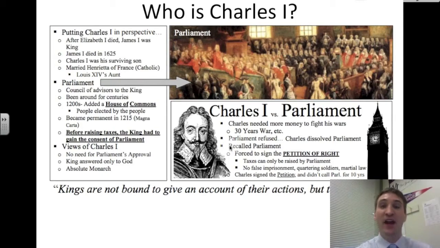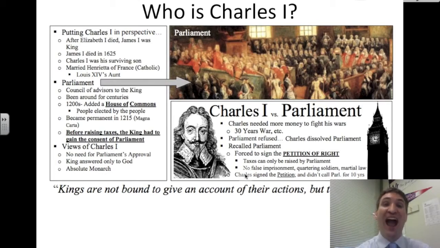Well, eventually, he needs Parliament back. He needs their political power, and he's forced to sign the Petition of Right. And it says that taxes can only be raised by Parliament. It also says that in England there shall be no false imprisonment, quartering soldiers, or martial law.